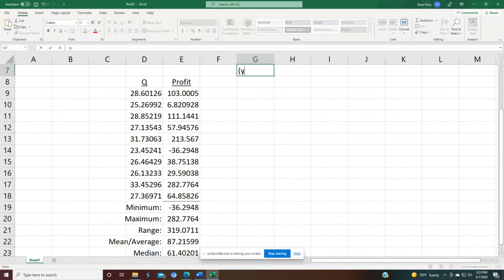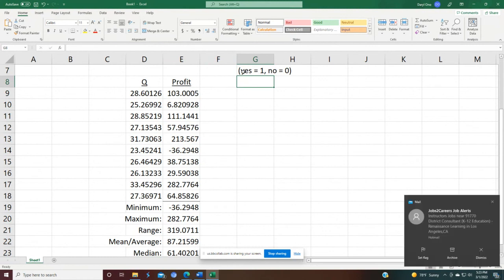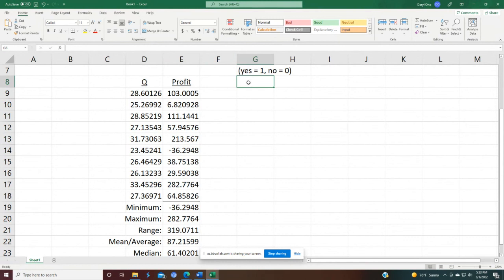We have, and let's just say yes is equal to 1, no is equal to 0. Okay, and so here then, this column will make this net income, and we'll make this one net loss.